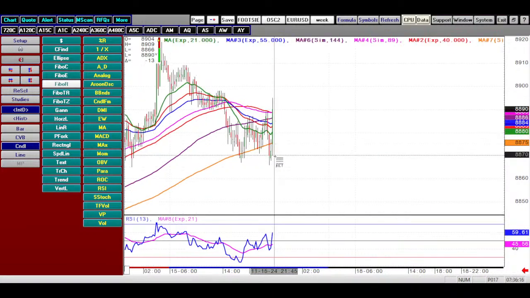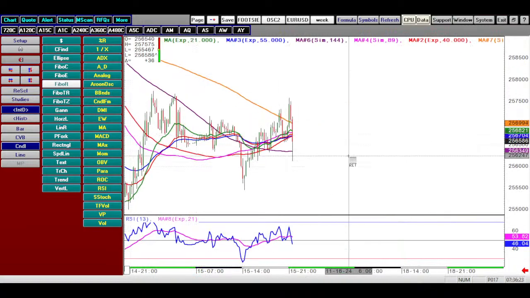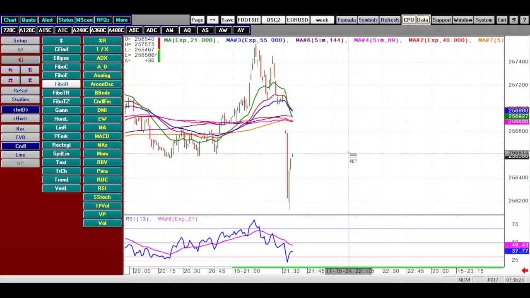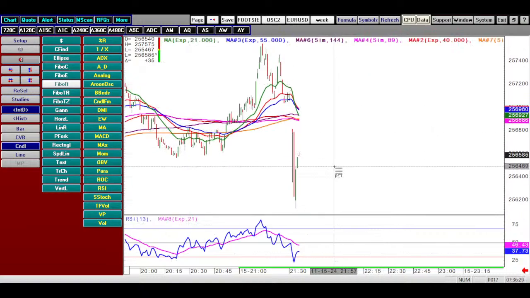Okay, let's see gold. This is trading about 60, 64.